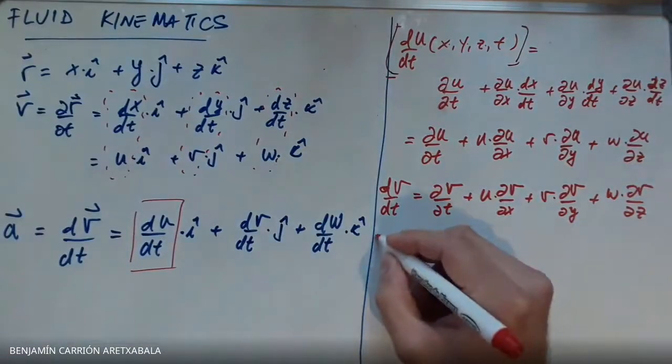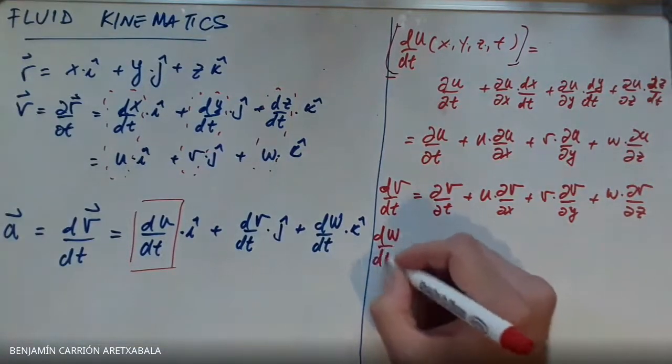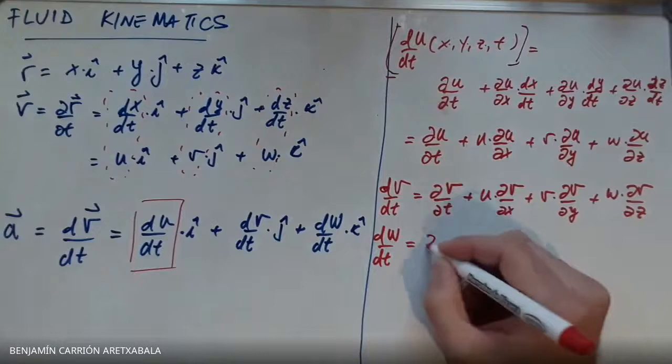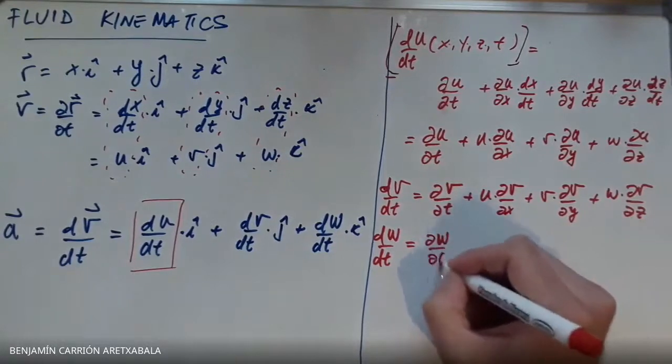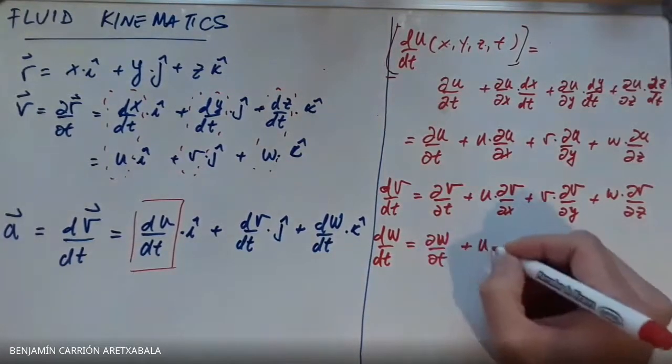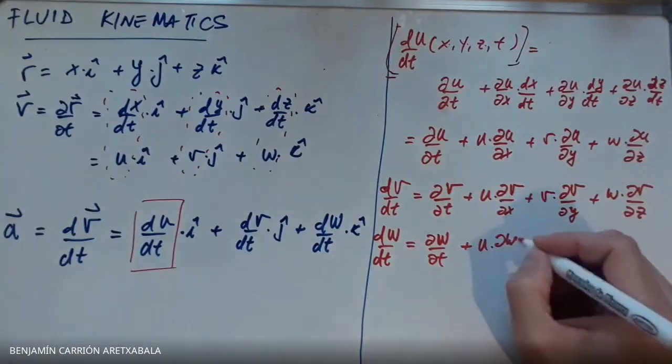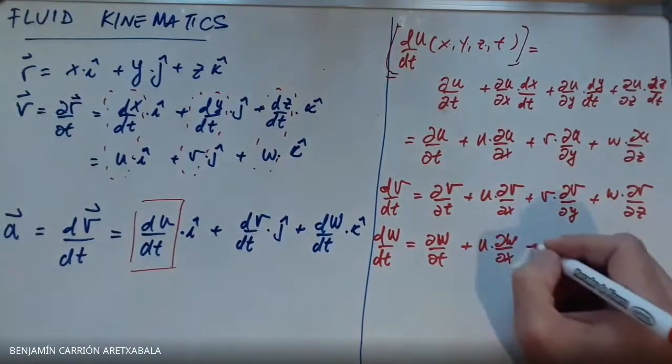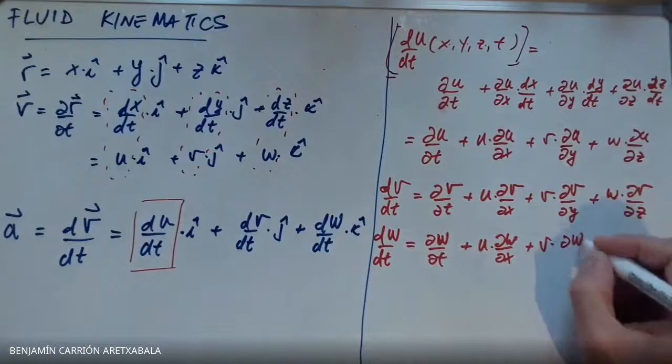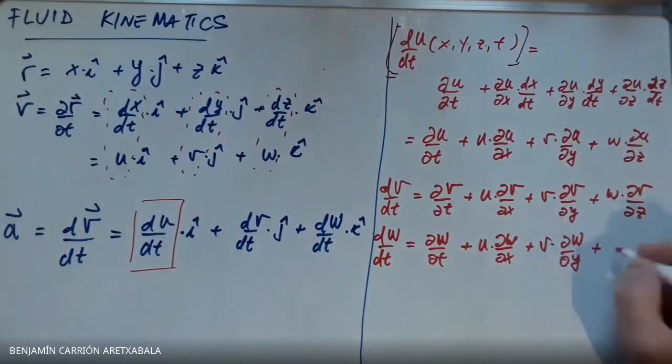And similarly, dw/dt is ∂w/∂t, partial, plus u ∂w/∂x plus v ∂w/∂y plus w ∂w/∂z. Okay.